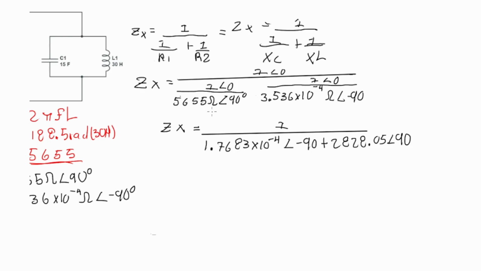Here we need to subtract the angle when we are dividing them. So we subtract 90 degrees from 0 degrees, which gives us the value of minus 90 degrees.